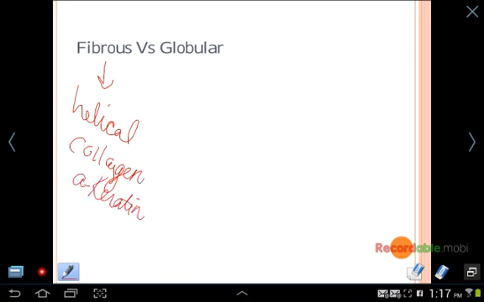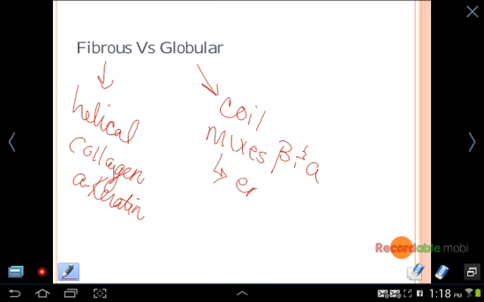They're usually more structural functions, where globular are more of variation mixes, as well as coils. So you have coils and mixes of beta and alpha. And a lot of these globular proteins are more maybe your enzymes.